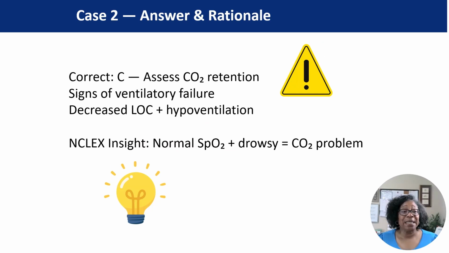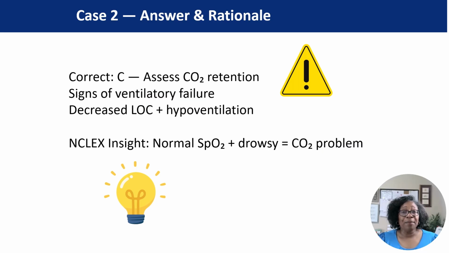And so the answer is C. You're going to assess for CO2 retention. And you're like, why? Well, the respiratory rate of 10 lets you know that there is hypoventilation. The patient has a decreased level of consciousness. They're drowsy and difficult to arouse. With those two things, you're going to be concerned about CO2 retention.